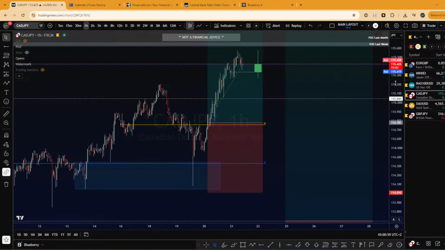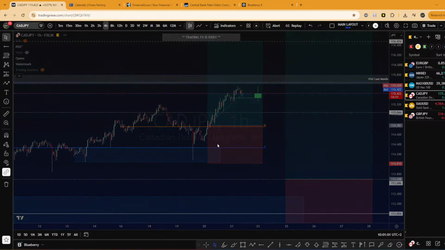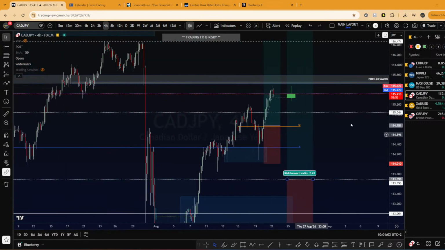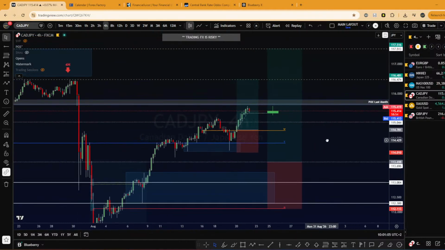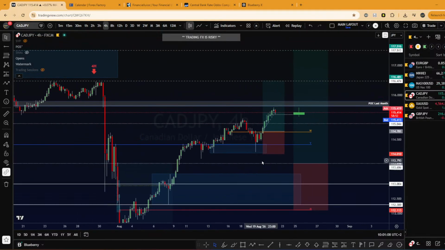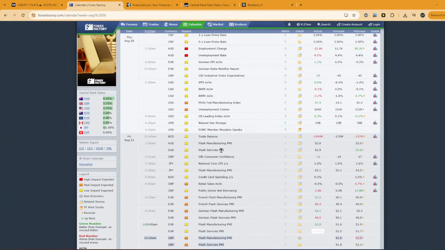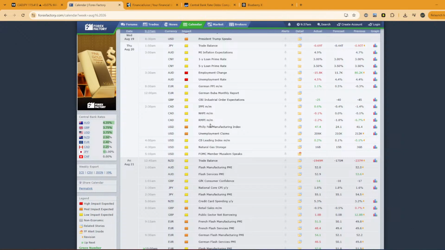CAD JPY was also on my watch list, an interesting one, because, yes, the yen is weak. We have previously, I think it was this week, good data on the Canadian economy.